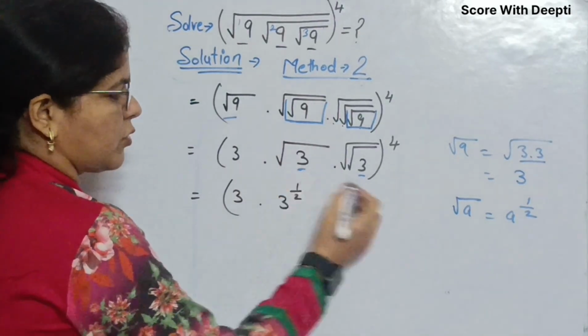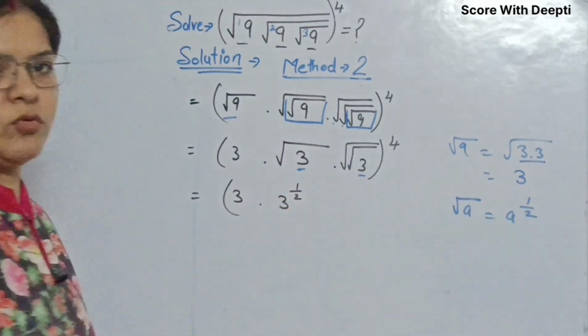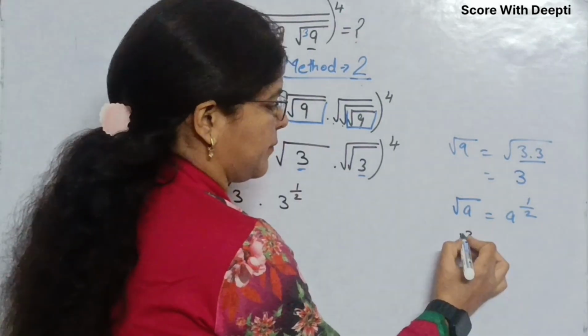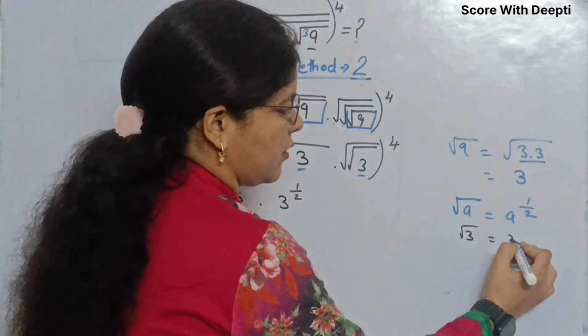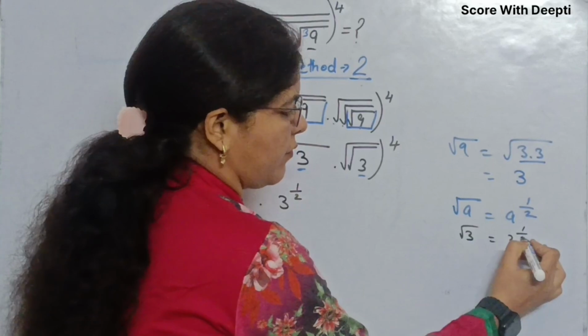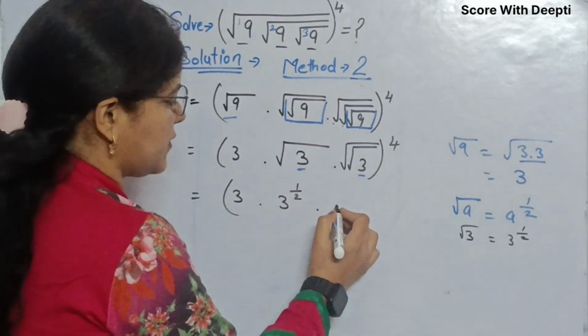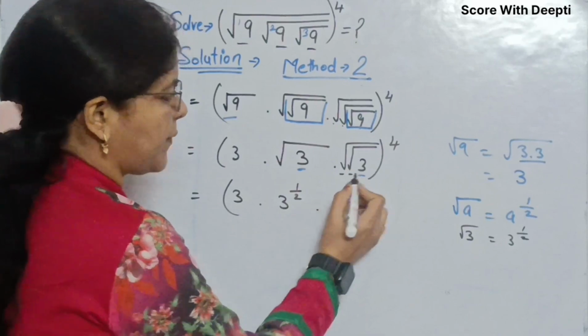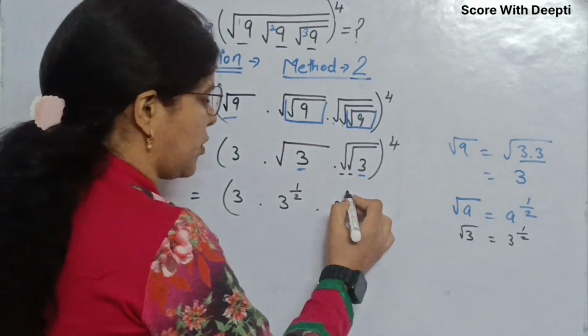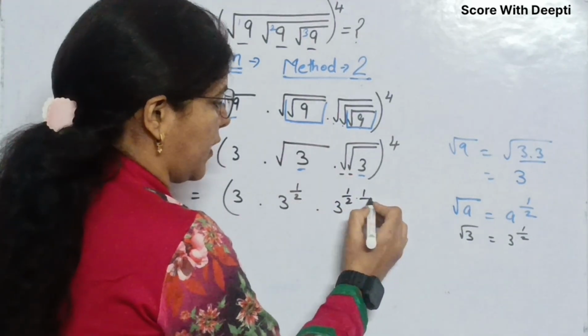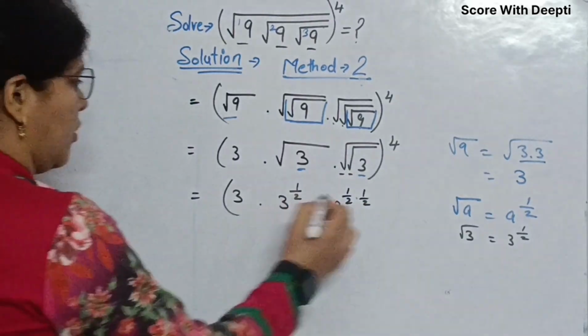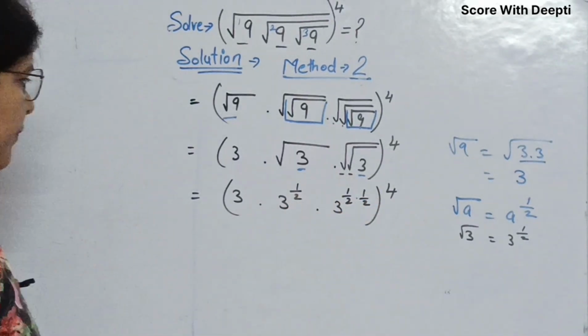Here in place of square root 3 we will write 3 to the power 1 by 2, and this equals 3 to the power 1 by 2 into 3 to the power 1 by 2 to the whole power 4.